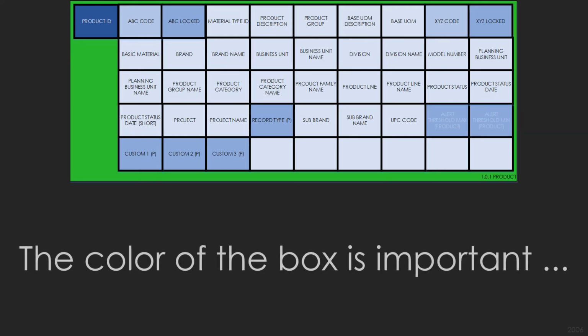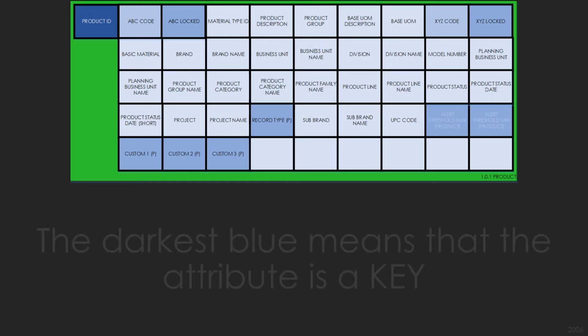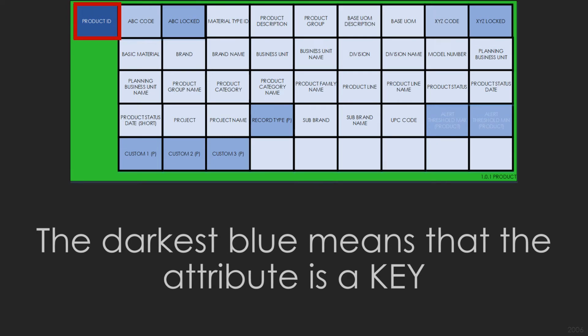Attributes. But a quick tip first. The color of the box is important. The darkest blue means that the attribute is a key.